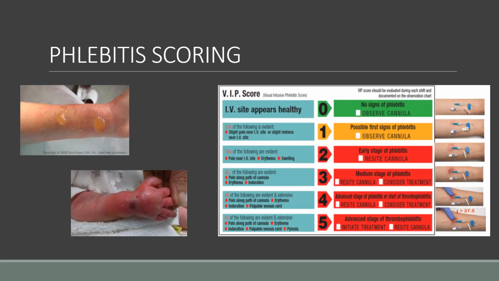Phlebitis scoring we also do once a shift, and well, it's clear why we do that with those images on the left. They're pretty horrific. Please document phlebitis scores on all of your intravascular devices and record on the apparatus section.